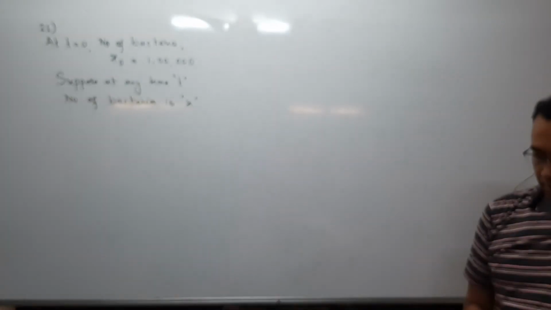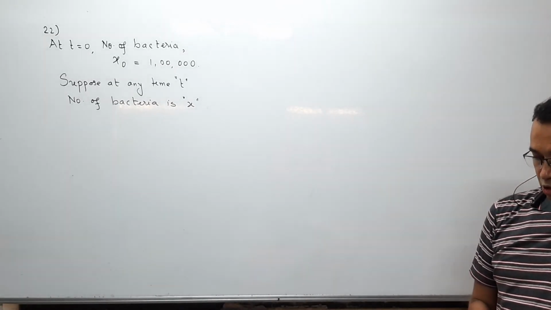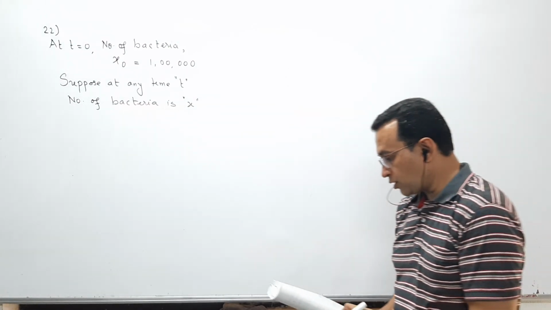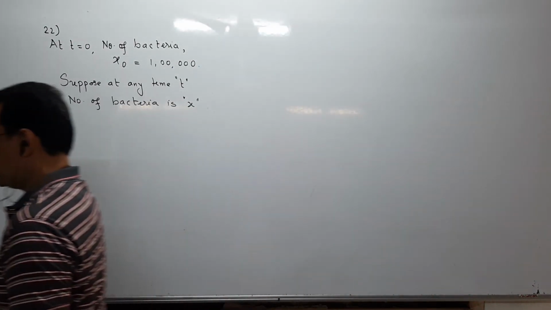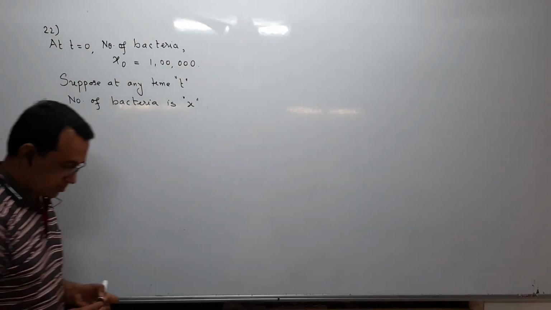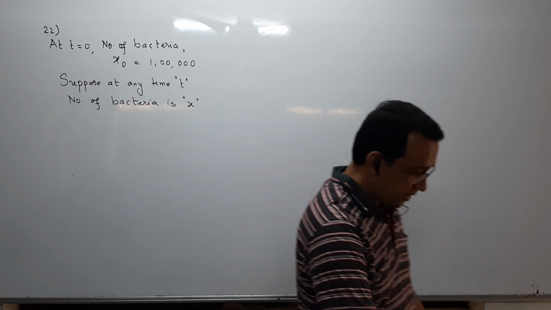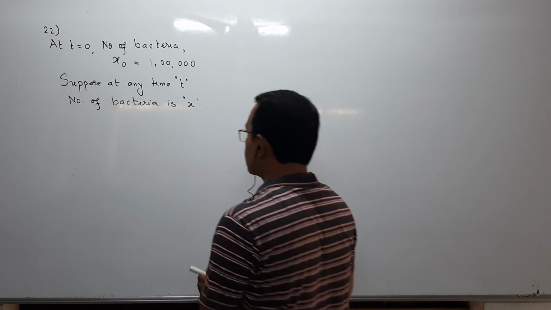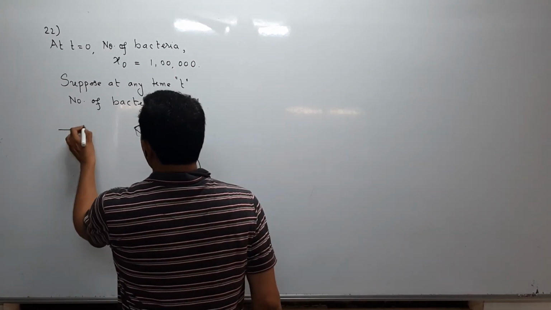Then, in how many hours will the count reach 2 lakhs if the rate of growth of bacteria is proportional to the number of bacteria present? Students, after what time will the bacteria multiply to 2 lakhs if the rate of growth is proportional to the bacteria present? So I can write like this.